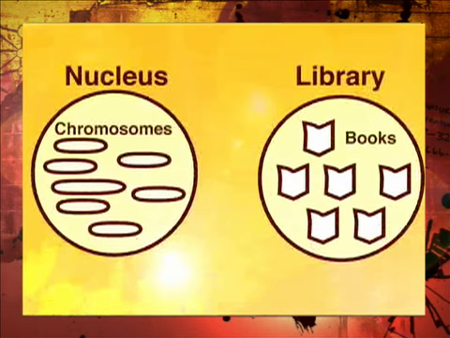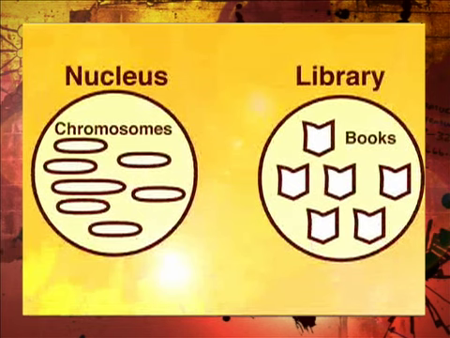So the information on chromosome number 1, for example, could contain information possibly about the color of your eyes, the shape of your eyes, and information about how to make some digestive enzymes, for example. The information on chromosome 2 might deal with your hair structure, and so on. Just like each book in a library contains different information.